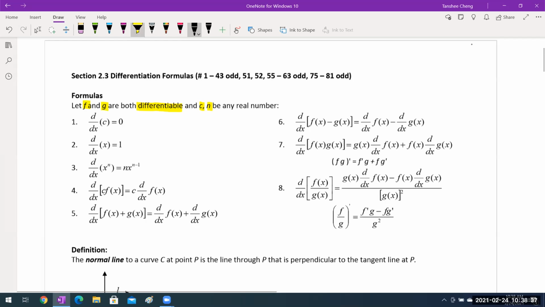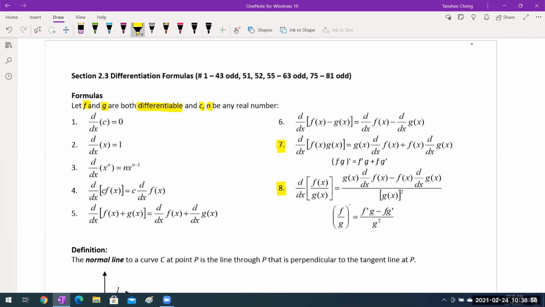Now, what we need to remember, and practice more carefully, are formulas number 7 and number 8. Number 7 is the derivative of a product of functions.